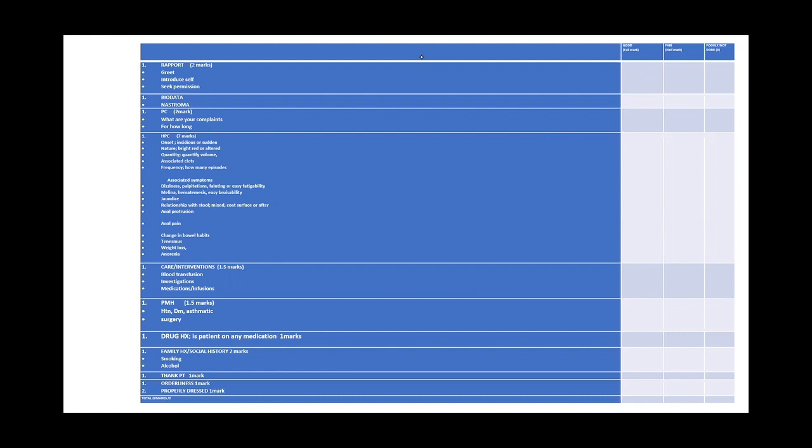You ask for the nature of the bleeding. Is it a bright red blood or is it an altered blood? You ask for the quantity of the bleeding. The simulators, all the patients are already told how to quantify the blood.